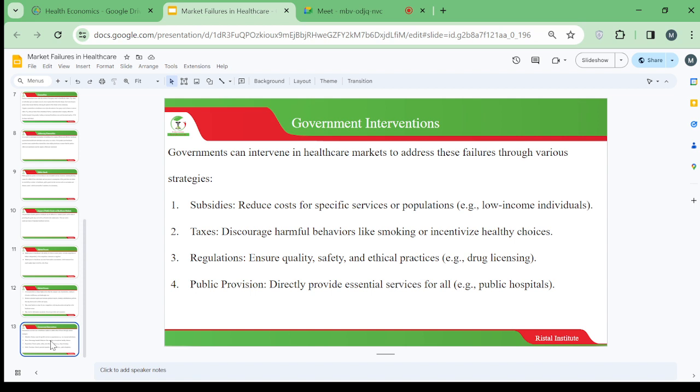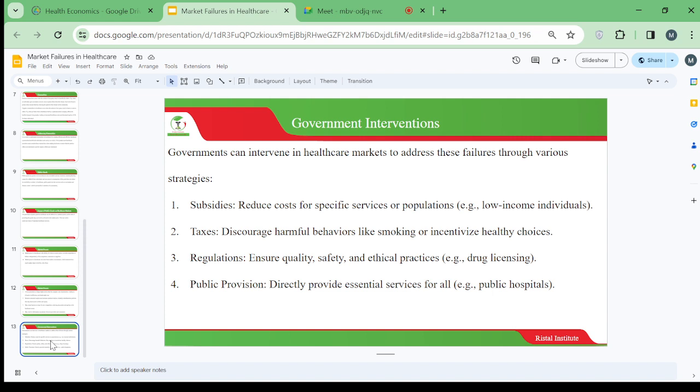Market failures will always happen, even if it is a competitive market. So the government needs to come in to address these market failures. So what do they do? The government can introduce what we call subsidies.